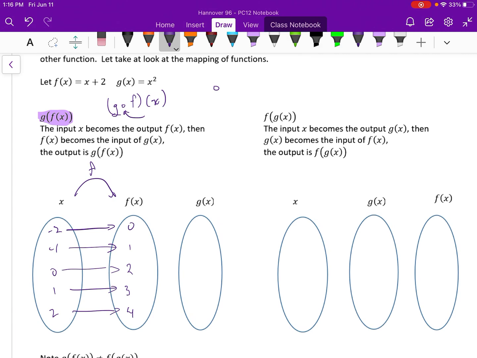And then if I take these values of f of x, which are actually the outputs of my function, and put these in my g function, well, the f function was defined as x plus 2. The g function is just going to take my inputs and square them. And as I square each of these values, this value here is the g of f of -2.